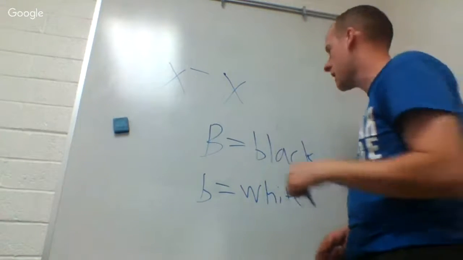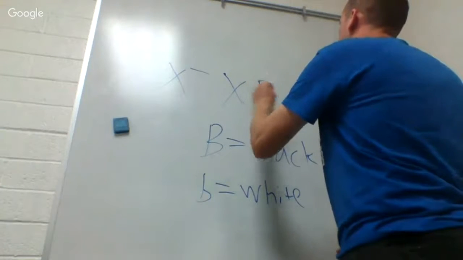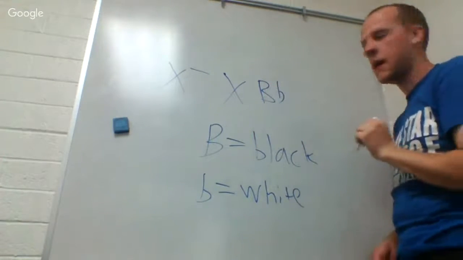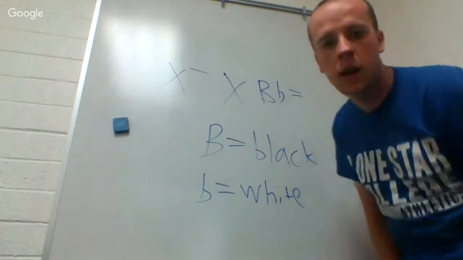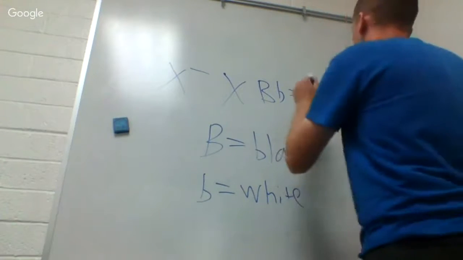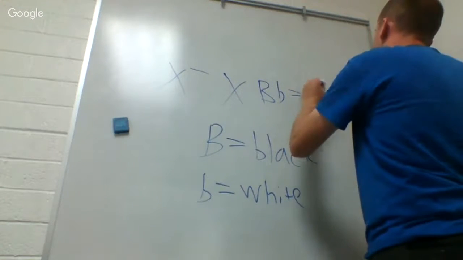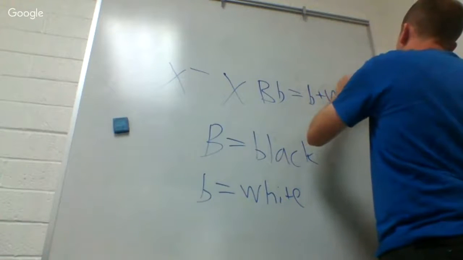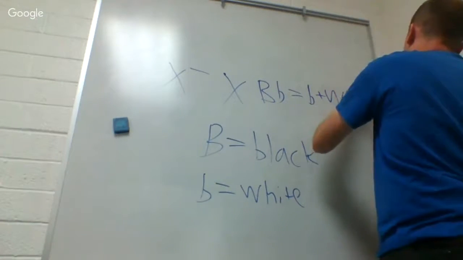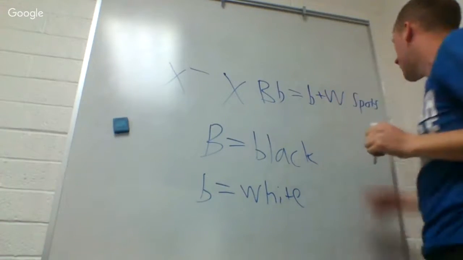But if it's heterozygous, like this, then it will give us black and white spots.